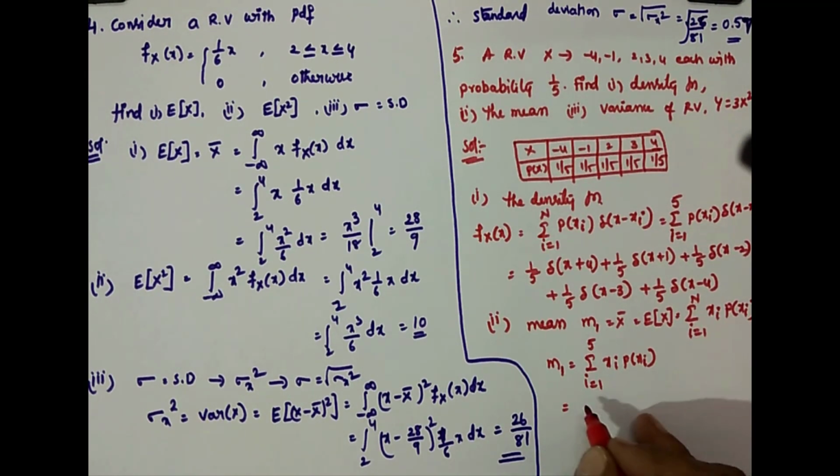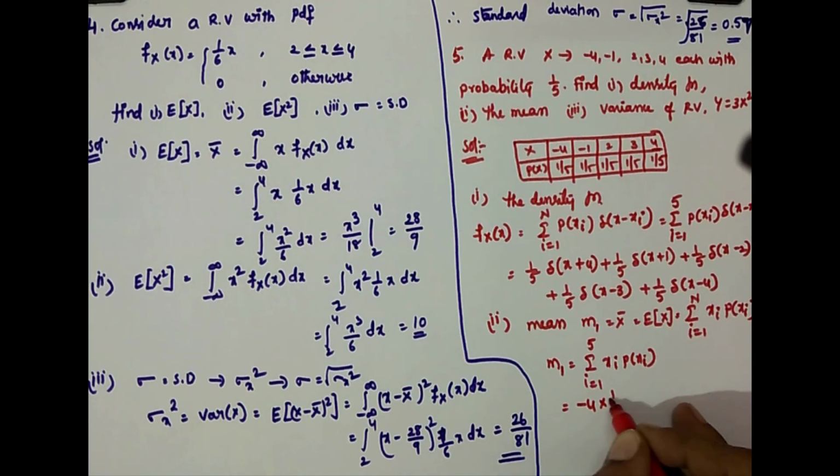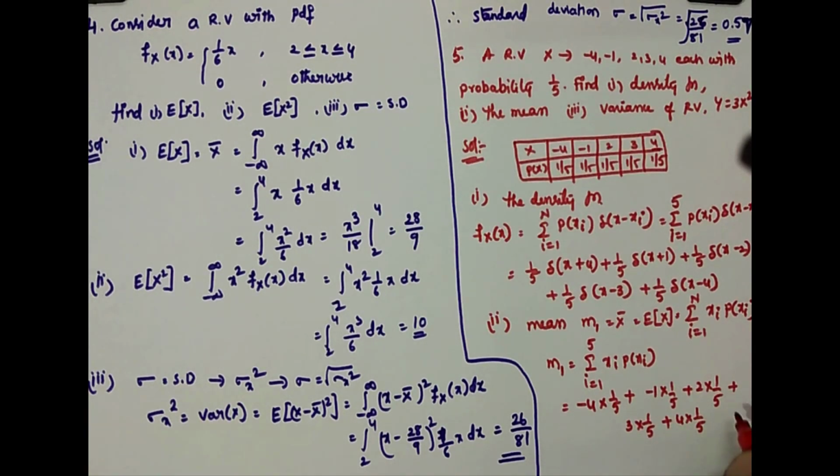First xi is -4 into the corresponding probability 1/5, plus -1 into 1/5, plus 2 into 1/5, plus 3 into 1/5, plus 4 into 1/5. If we solve this, the answer is 4/5.